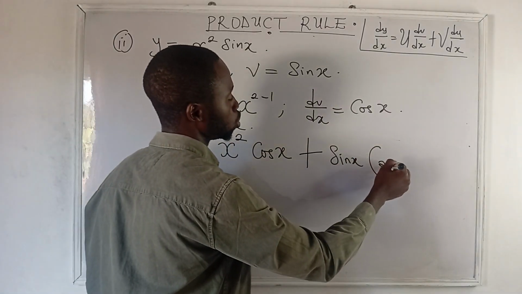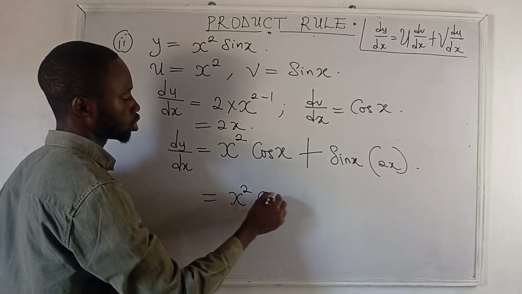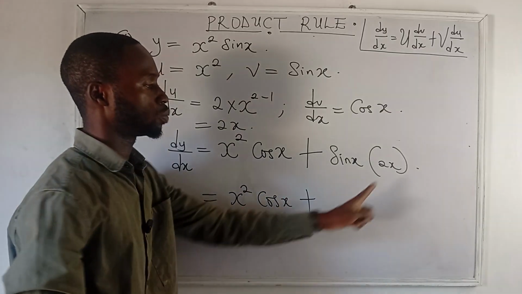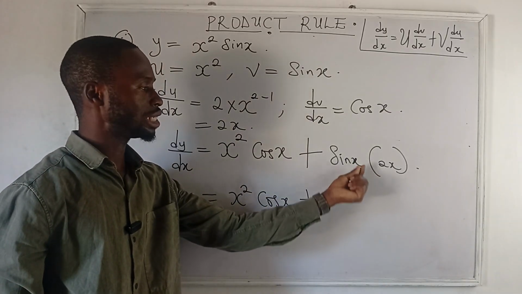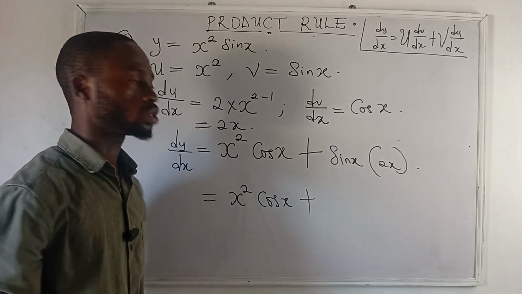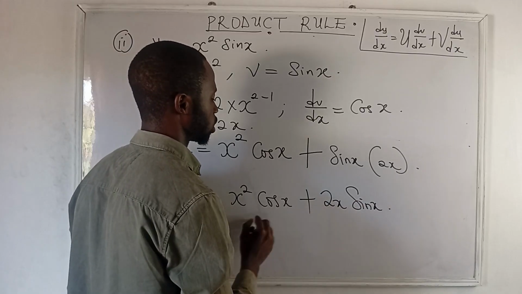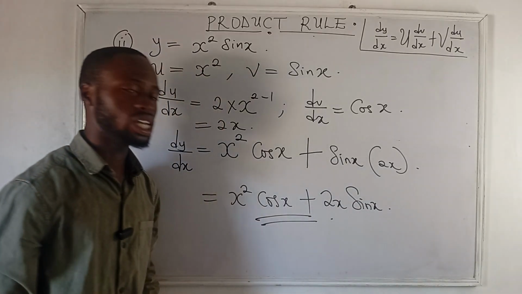So when we introduce 2x here, the final answer to this will give us x squared cos x. I can't multiply 2x times this x because this x is an angle. So what I have to do is bring it to the front as a coefficient. That will give me 2x sine x as our final answer.